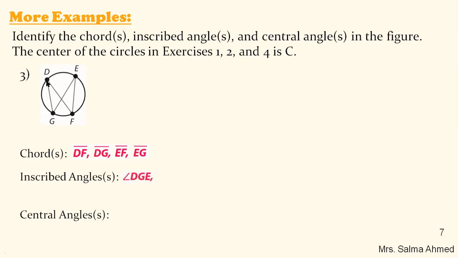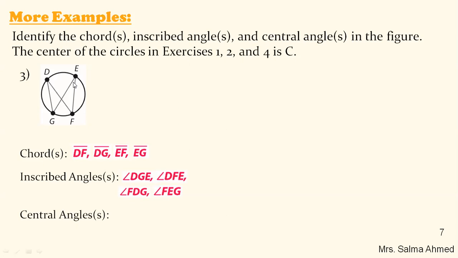Let's see the answers. DGE, which is the small one here. DFE, the other one down. Now I have FDG, which is this one on the left, and I have the final one, FEG, which is on the right up.